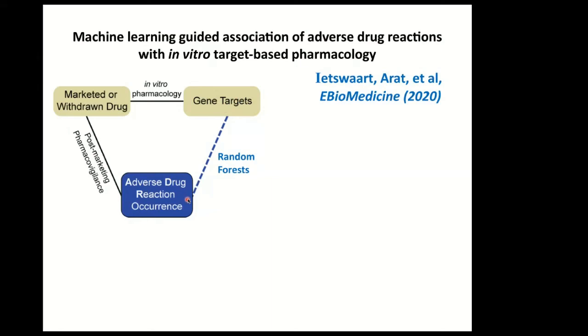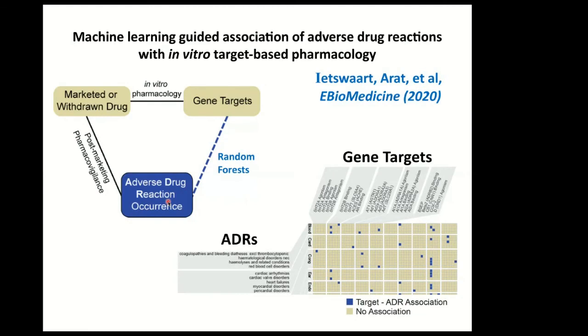And we can connect this with observed adverse drug reaction reports for these drugs, and then use random forest to learn the associations between these targets and the adverse drug reactions, so that we get more insight into which genes might actually be causing these adverse drug reactions. With this, we found over 221 gene target ADR statistical associations. So I hope that will be interesting for future research to investigate more the mechanistic basis of adverse drug reactions.